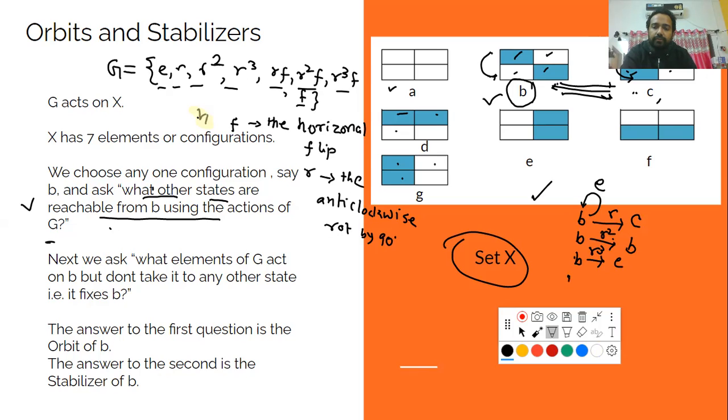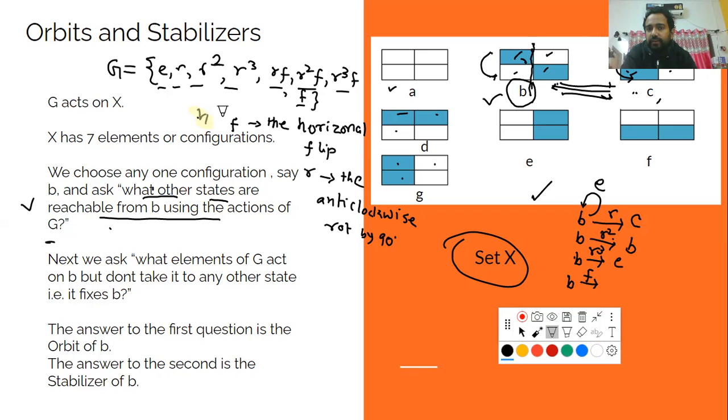Okay, now the flip, right? The horizontal flip. The horizontal flip is a reflection around the vertical axis.